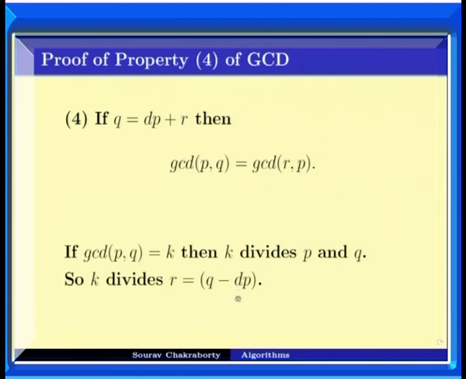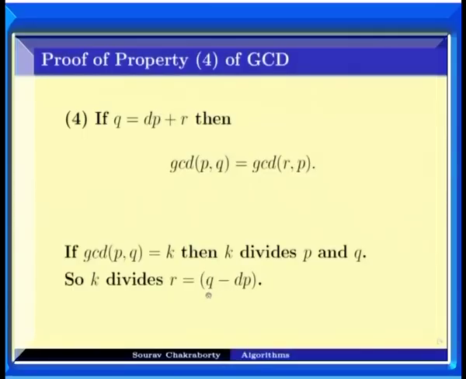So k divides dp and k divides q, so the difference of these two must also be divisible by k. Thus k divides q minus dp, which in our case is equal to r. So k divides r, and k divides p, which we saw from the definition of k as the GCD of p and q. Thus k divides the GCD of r and p.